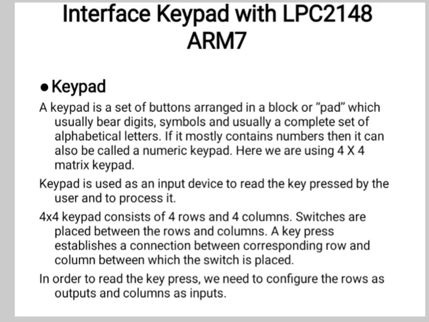A 4x4 keypad consists of 4 rows and 4 columns. Switches are placed between the rows and columns. A key press establishes a connection between the corresponding row and column between which the switch is placed. In order to read the key press, we need to configure the rows as an output and columns as an input.